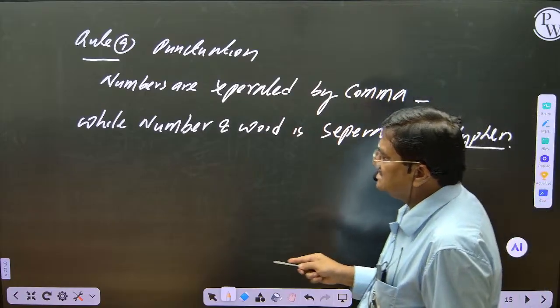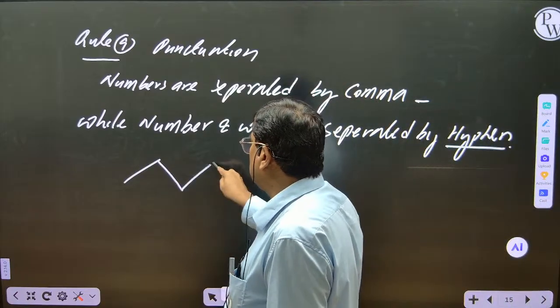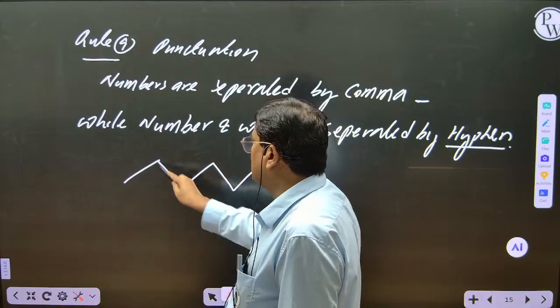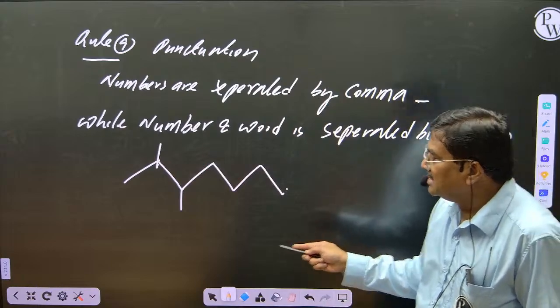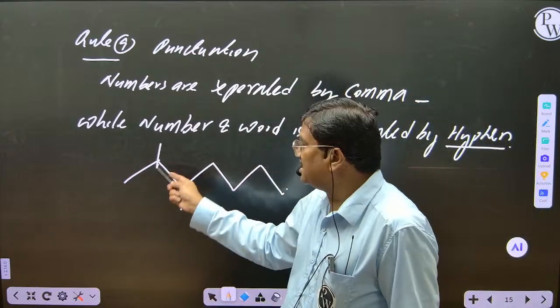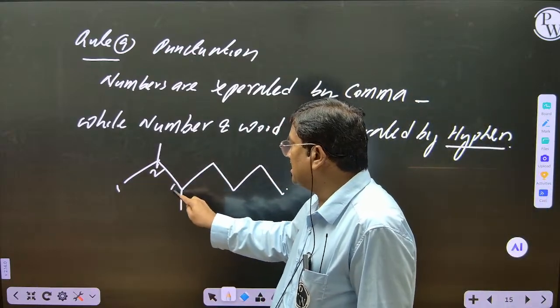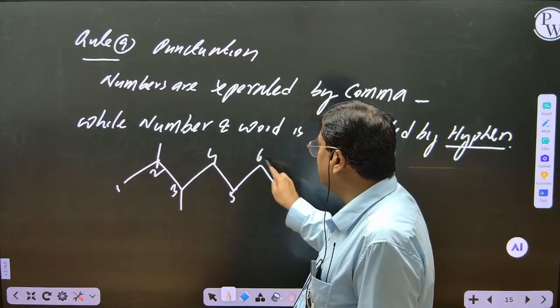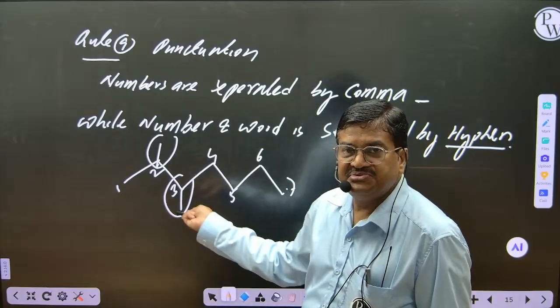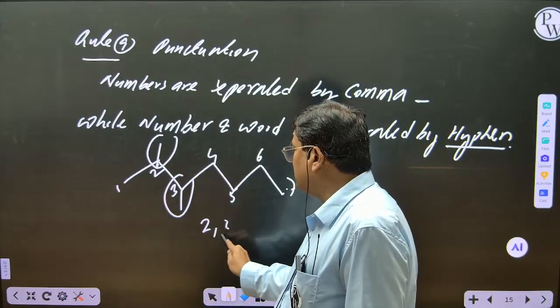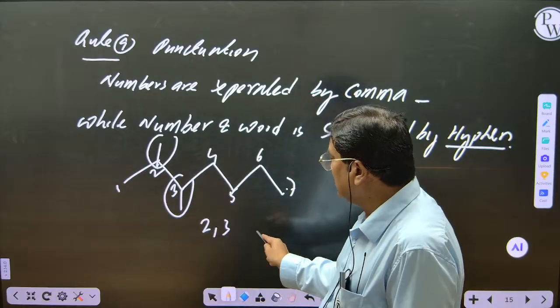See, for example, I can make you understand. Suppose this is the parent chain. Now give numbering from the left side. No, don't, because the first locant should get the least number. 3, 4, 5, 6, 7. Now this is the first locant, 2, comma 3. So two substituents are there, no? You have to separate by comma. 2, comma 3, hyphen.